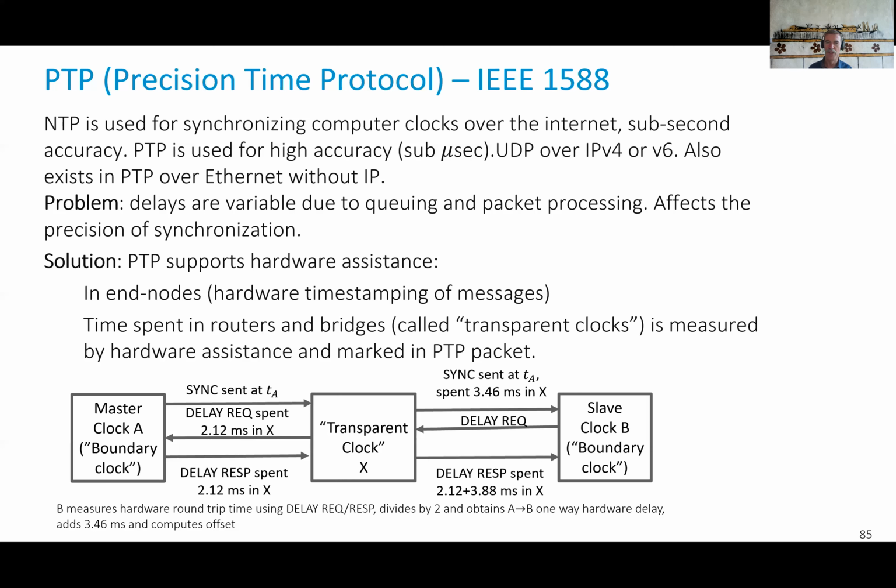Both the delay request and the delay response will also spend some time in the intermediate system X, but this time will be recorded here. So when B receives this, it can timestamp, compute the difference, remove the time spent at A and the time spent in all intermediate systems on the way, and therefore get a very accurate measurement. So this, of course, requires that your PTP switches or PTP routers have hardware assistance for timing.